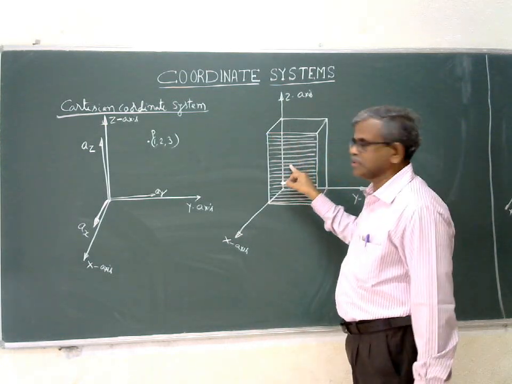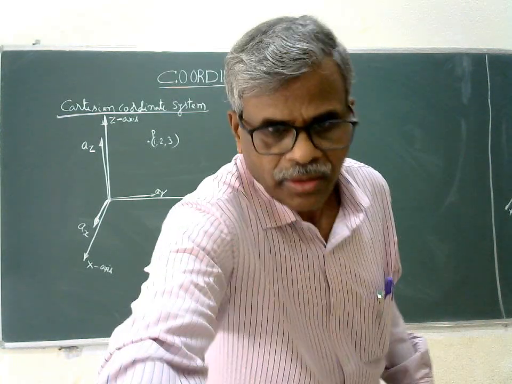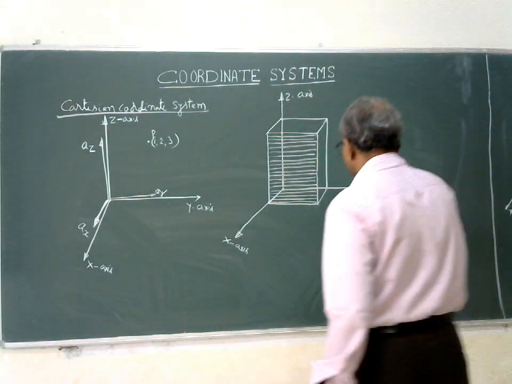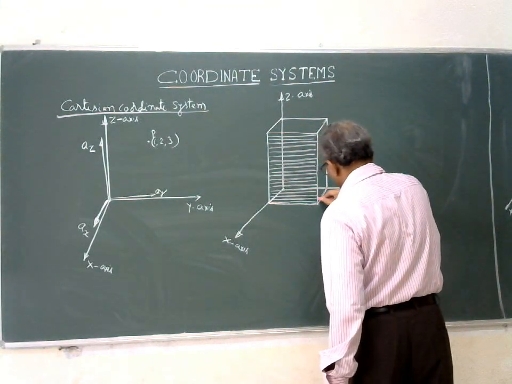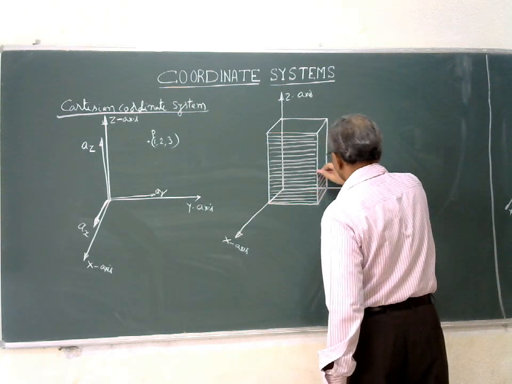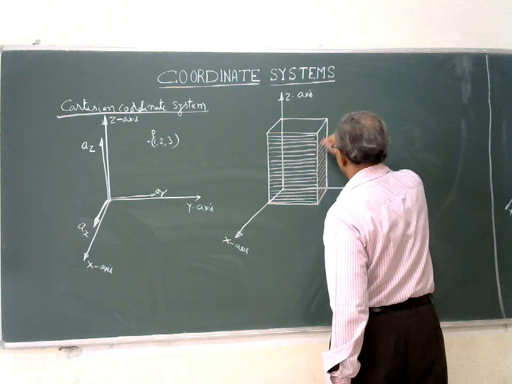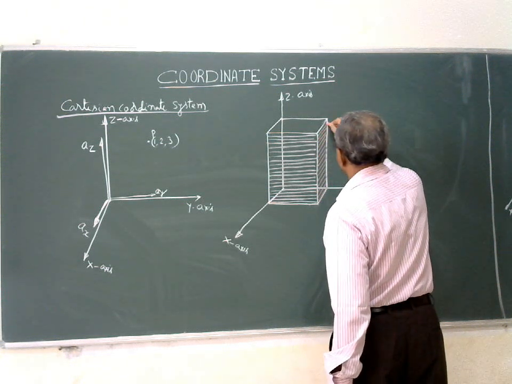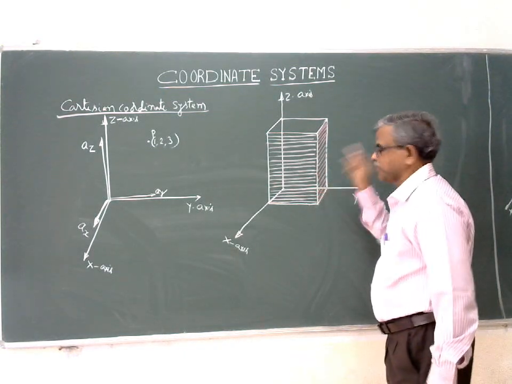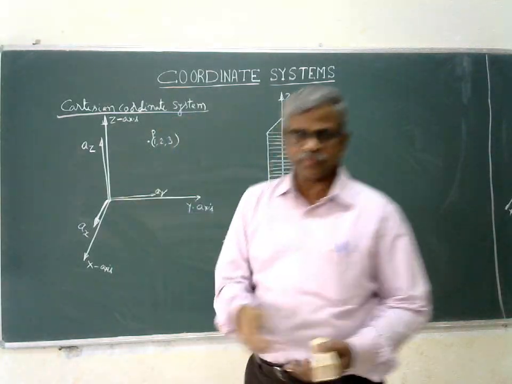This is the x is equal to 1 plane. Next, the y is equal to 2 plane. Next, we have to take z is equal to 3.